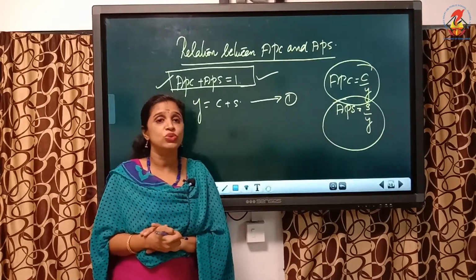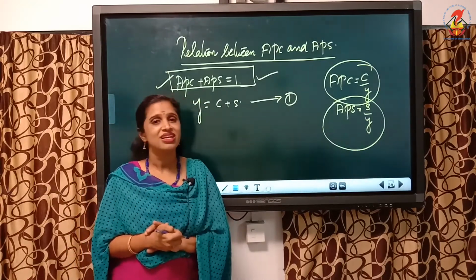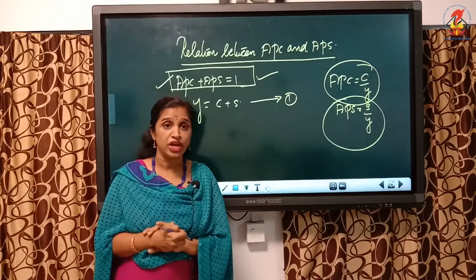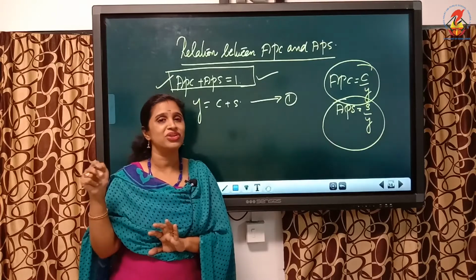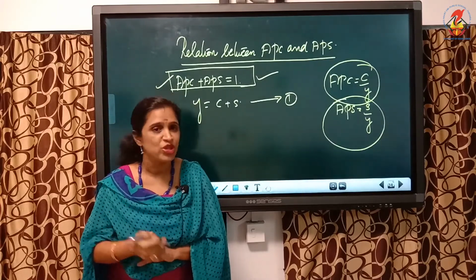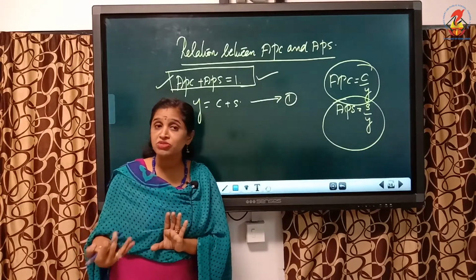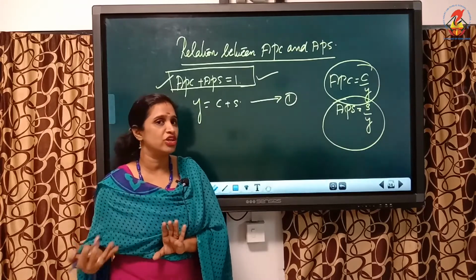The income is used for consumption and saving. APC and APS speak about the ratio of consumption to income and the ratio of saving to income. Both are possible with the income.